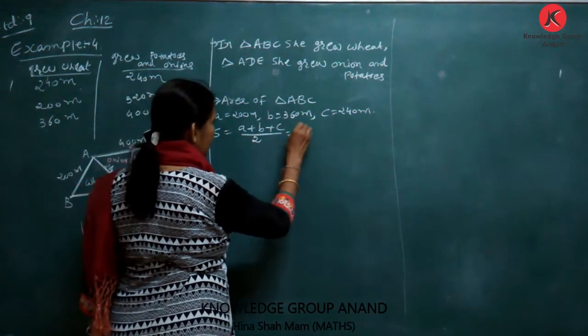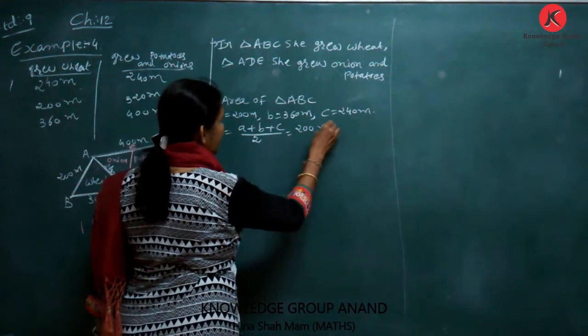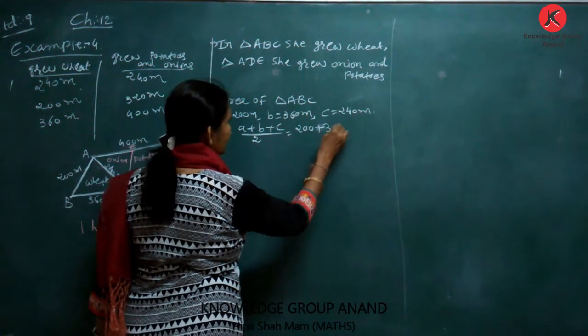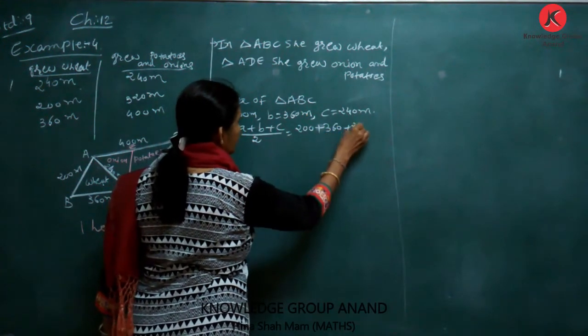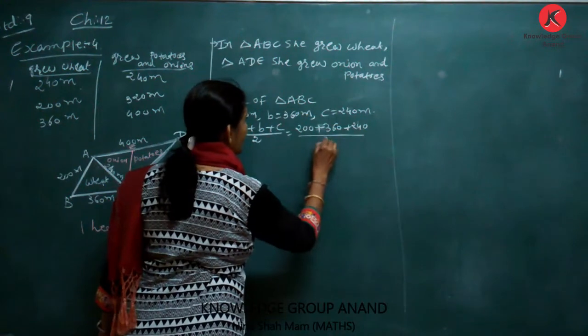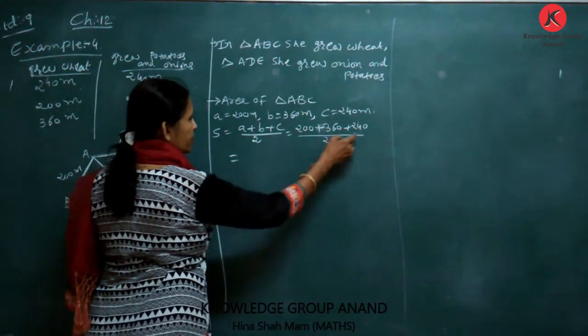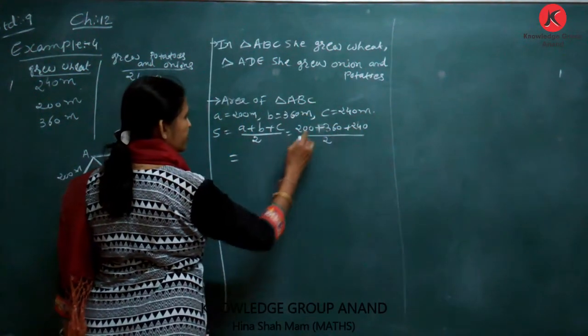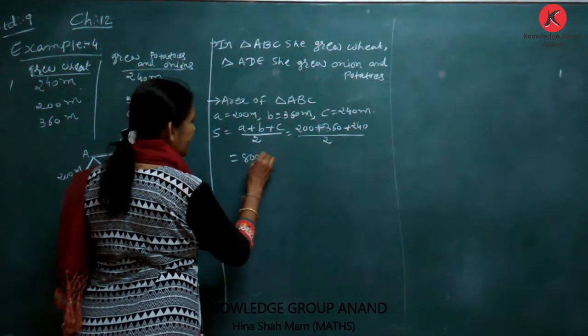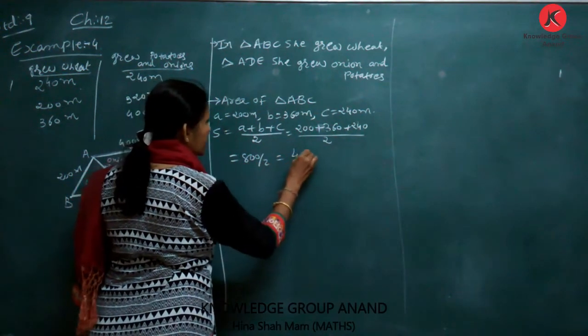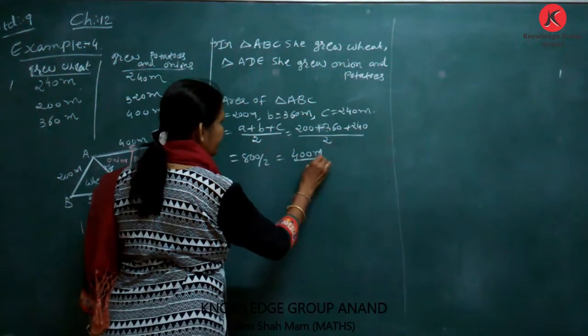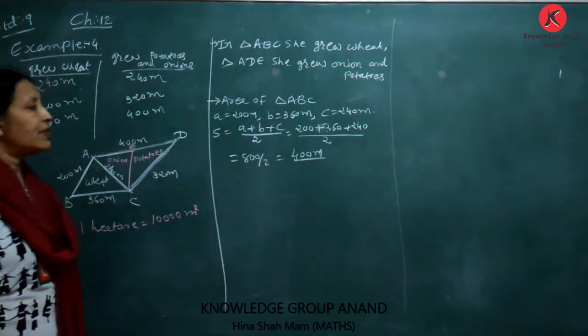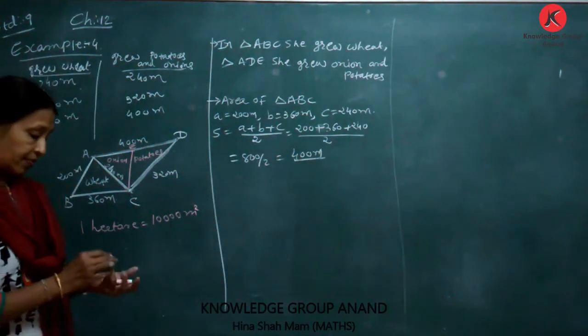Therefore, 200 plus 360 plus 240 divided by 2 equals 800 by 2 equals 400 meter. s is equal to 400 meter.